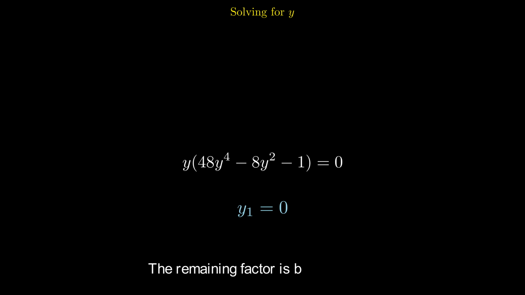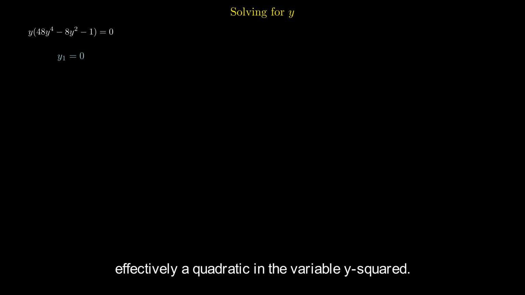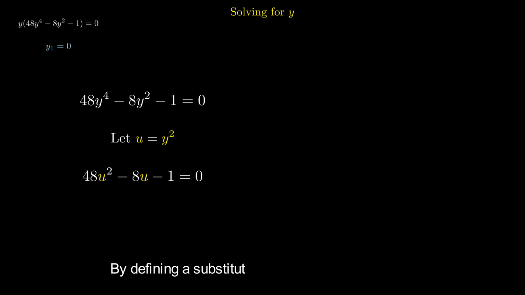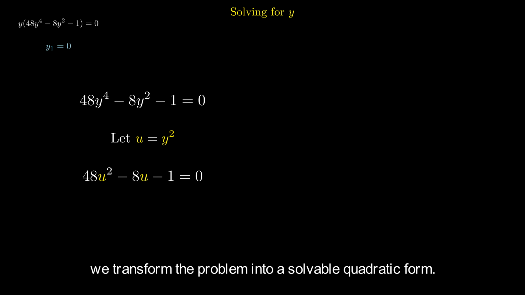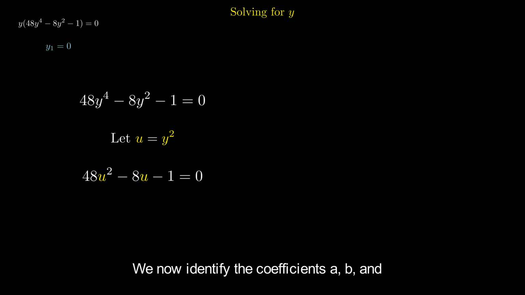The remaining factor is biquadratic, effectively a quadratic in the variable y squared. By defining a substitute variable u for y squared, we transform the problem into a solvable quadratic form. We now identify the coefficients a, b, and c to employ the standard quadratic formula.